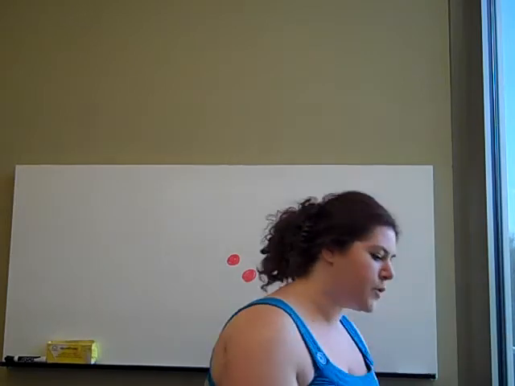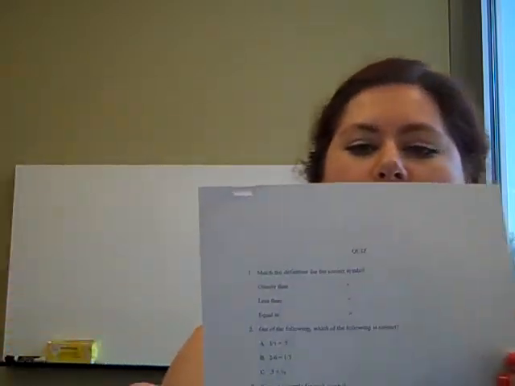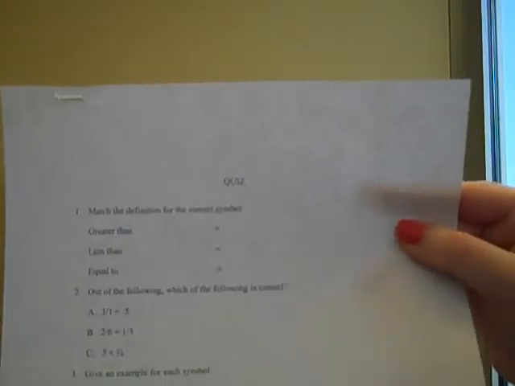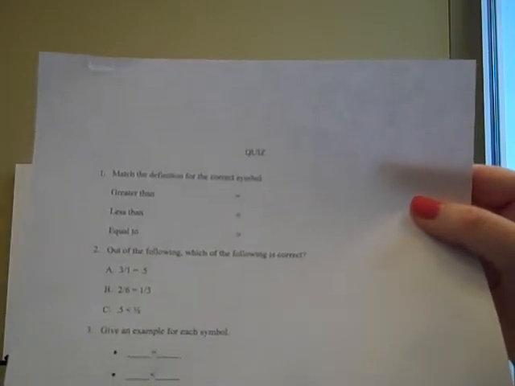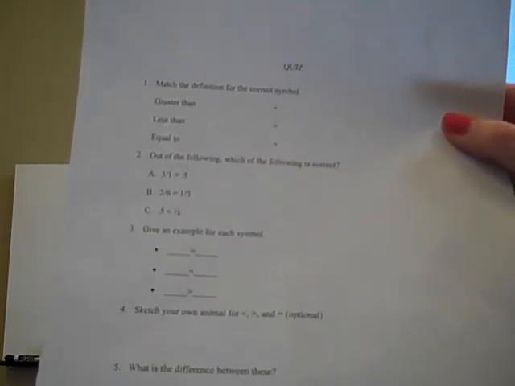Now I will show you your quiz that I would like for you to do in class. I don't know if you can see it that well, but the first question is, match the definition for the correct symbol. The second question is, out of the following, which of the following is correct? The third question is, give an example for each symbol.